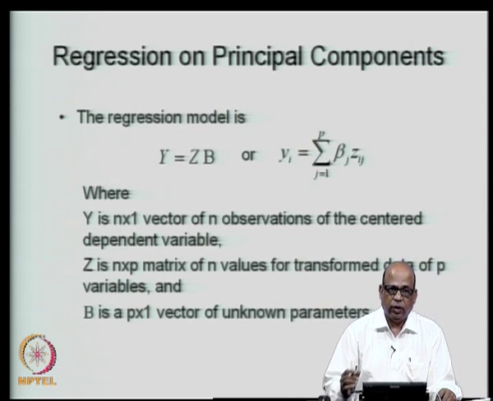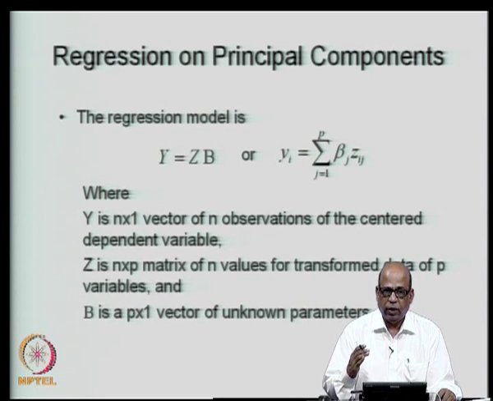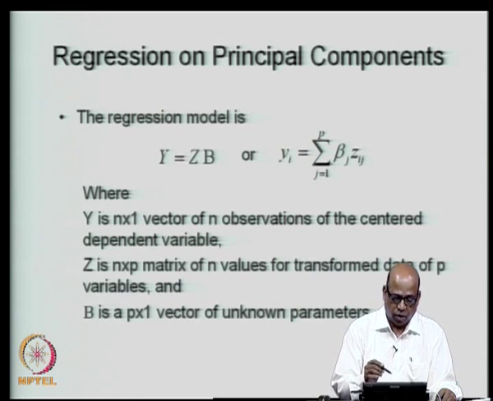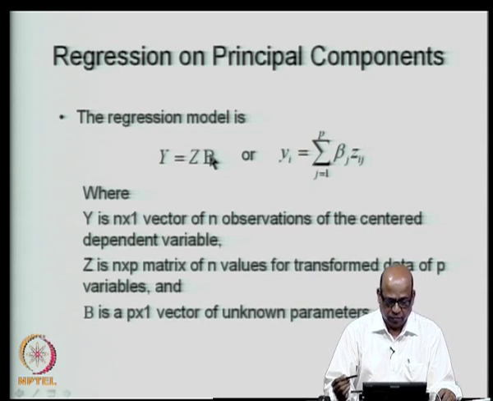Recall from the lecture before the previous one, where we discussed the multiple linear regression, how to obtain these unknown parameters for a multiple linear regression. Exactly the same procedure we follow here, and then obtain the betas.